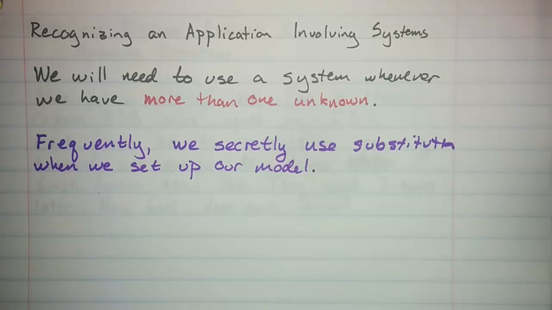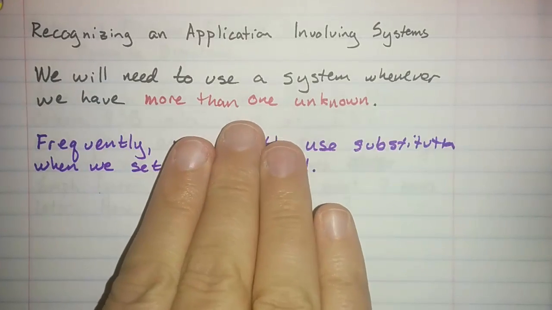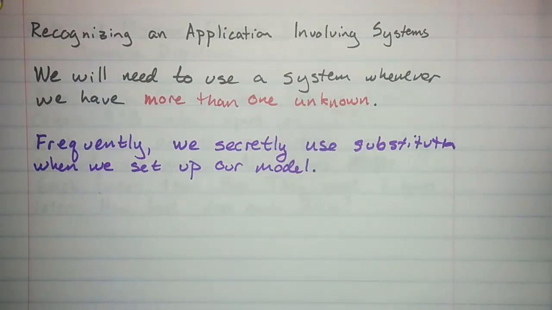So instead of giving our two unknowns two names x and y, and saying that y is x minus 3, we might just give our unknowns the names x and x minus 3. But anytime we have more than one unknown, we can model the situation using a system.